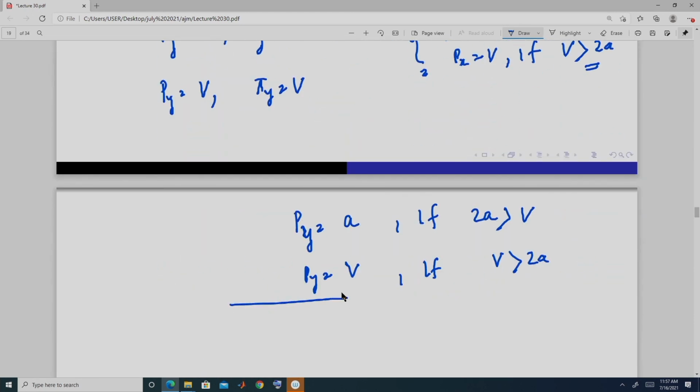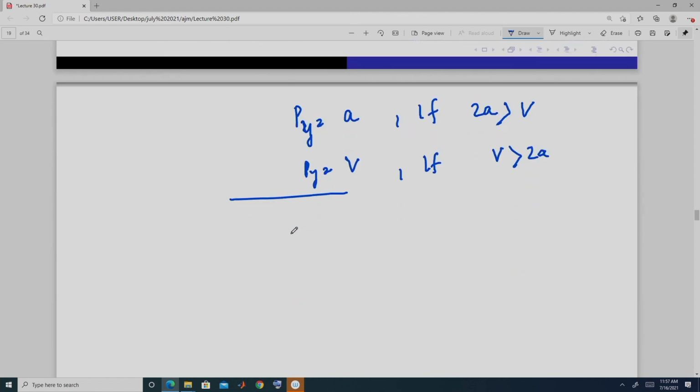And if there is time, suppose it does time, then Pxy can be V. If it is V, then what is the profit? And suppose V is less than 2A.